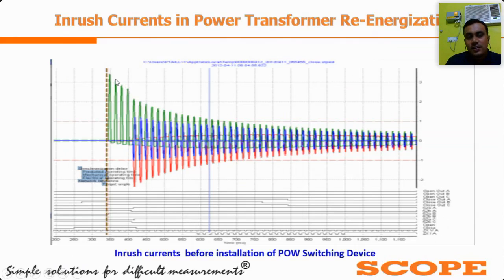So you can see that the first peak is here, and it is decaying from here to the normal no-load current value. To prevent this, we use the CSD relay. And what the CSD relay does, we can see in the next graph.